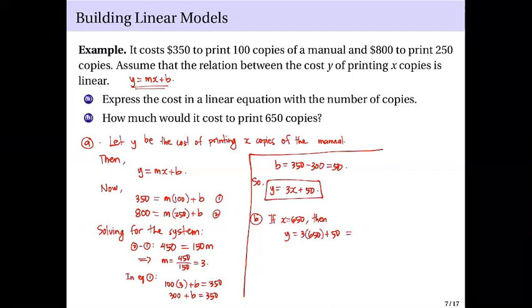This is 1950 plus 50, and this is equal to 2000. Therefore, it costs $2,000 to print 650 copies of the manual.